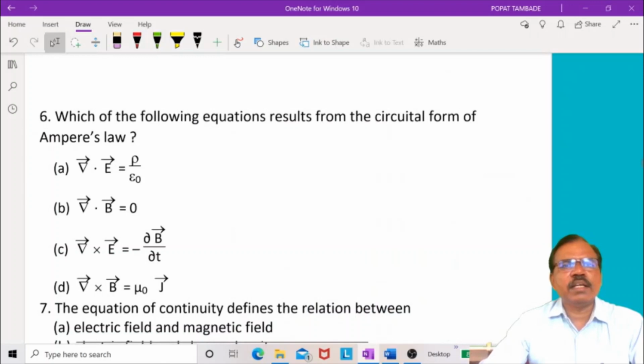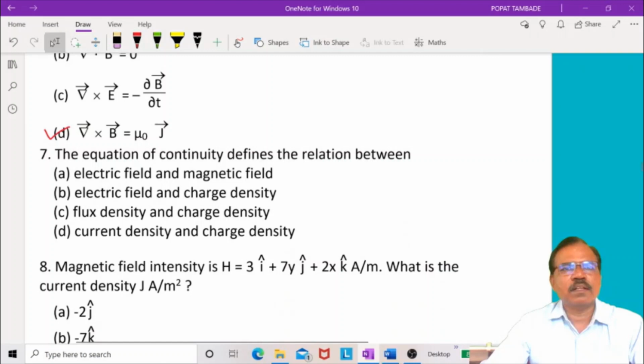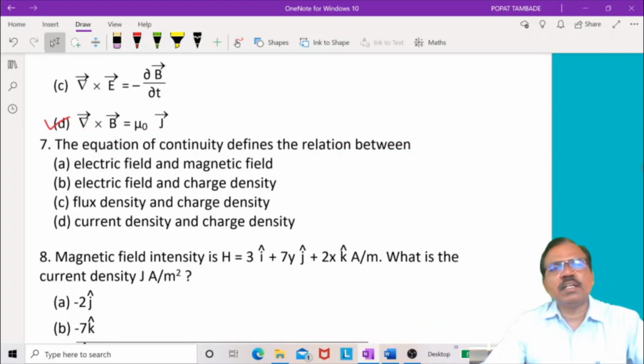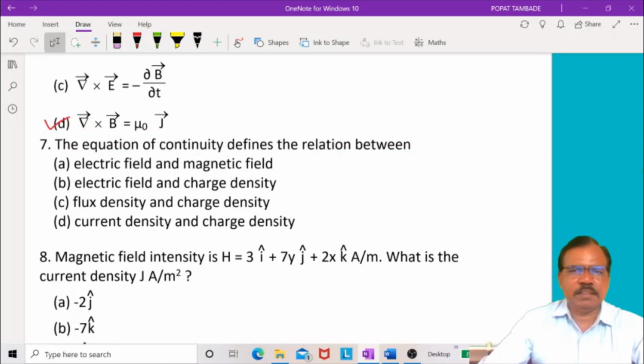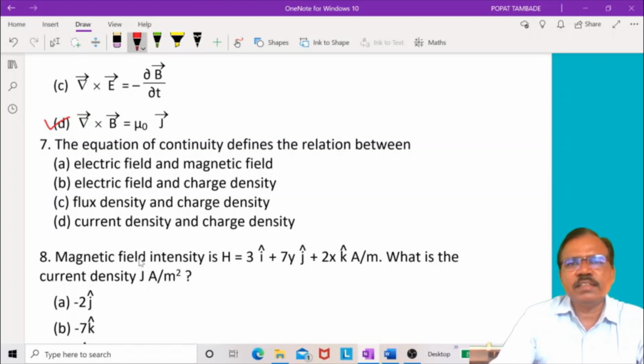Which of the following equations results from the circuital form of Ampere's law? So we know the same one here, del cross B is equal to mu 0 J. Now the equation of continuity defines the relation between. Now the equation of continuity is given as del dot J plus ∂rho by ∂t is equal to 0.